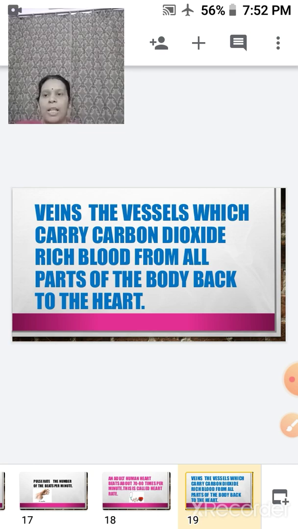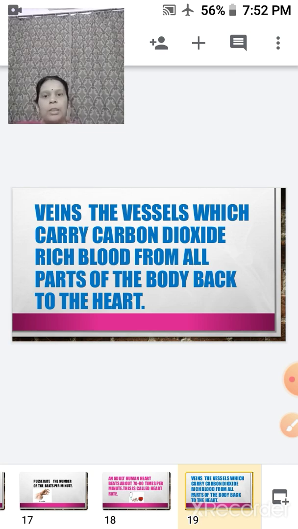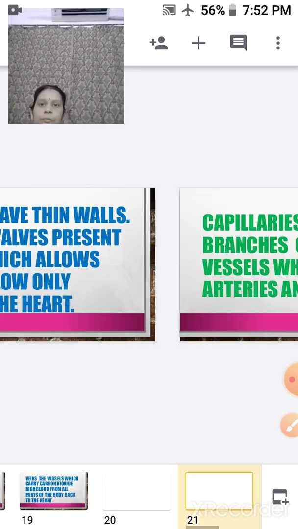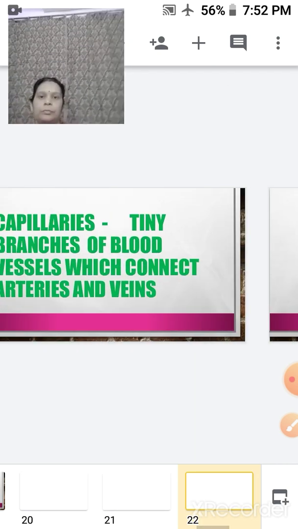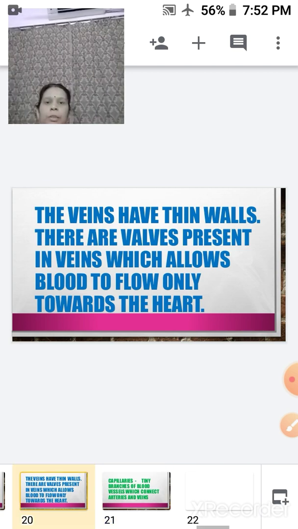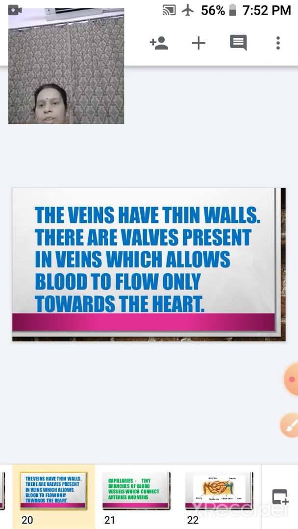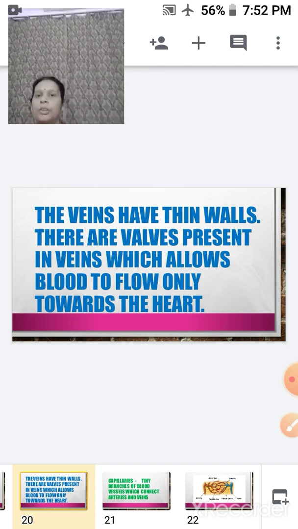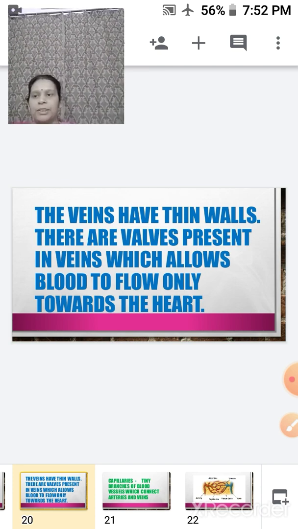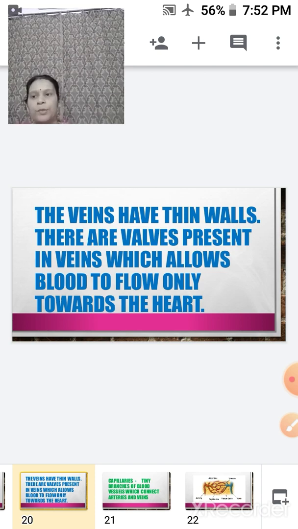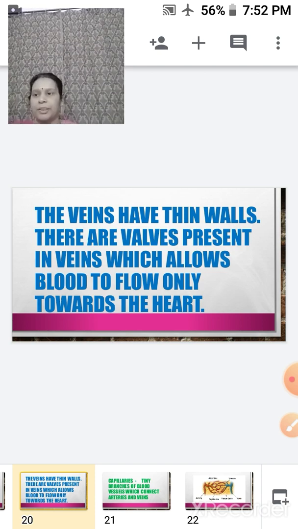Veins have valves in them, and this allows blood to flow only towards the heart. It will never go back to the different parts of the body. It moves only in one direction.